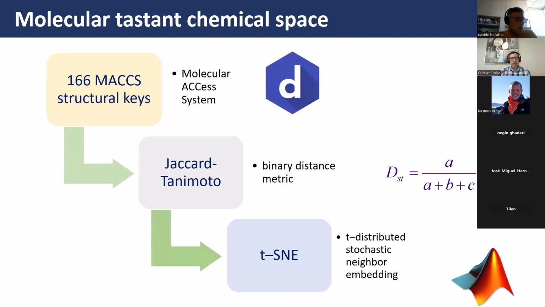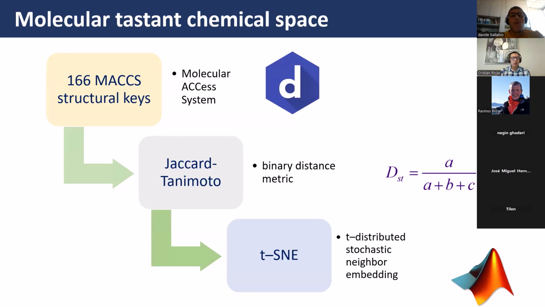In a further step in this study, we used the molecular tastants available in ChemTastesDB to construct the chemical space. To this end, we calculated a set of 166 molecular access system keys, which are molecular descriptors related to the presence or absence of molecular fragments in the chemical structure of tastants.